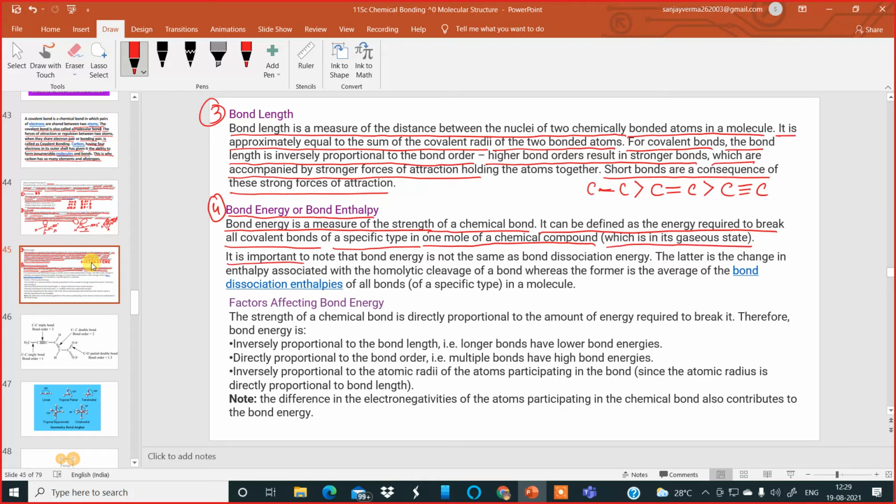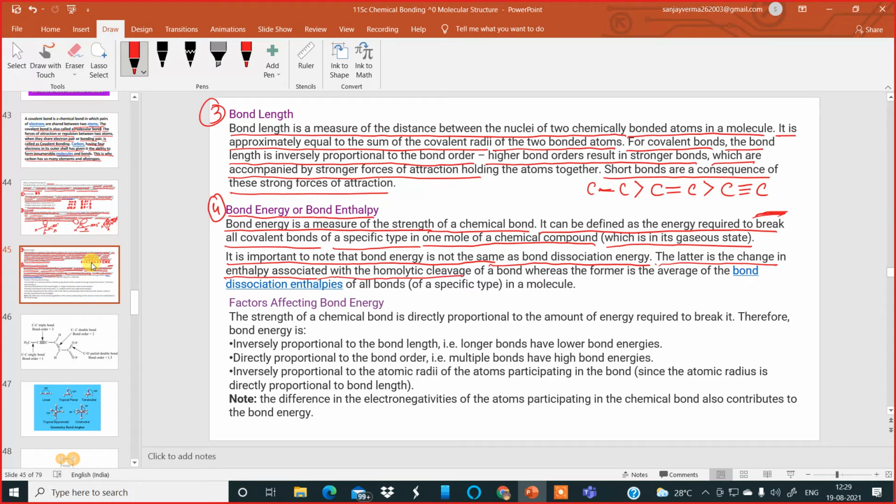It is also important to note that bond energy is not the same as bond dissociation energy. Bond energy is the energy required to break a bond. It is different from bond dissociation energy. The latter, bond dissociation energy, is the change in enthalpy involved with homolytic cleavage.